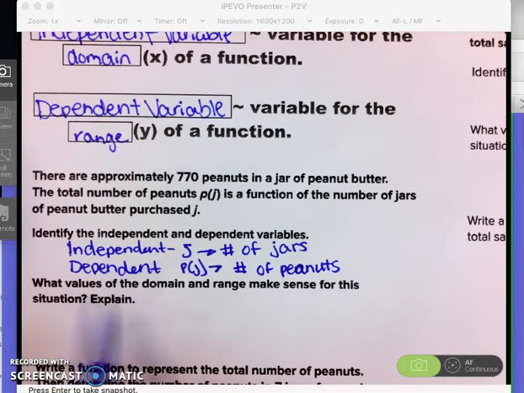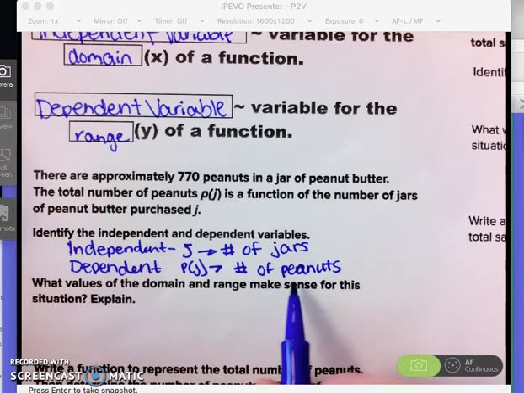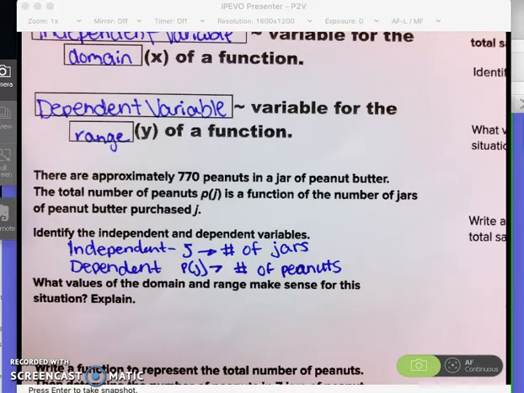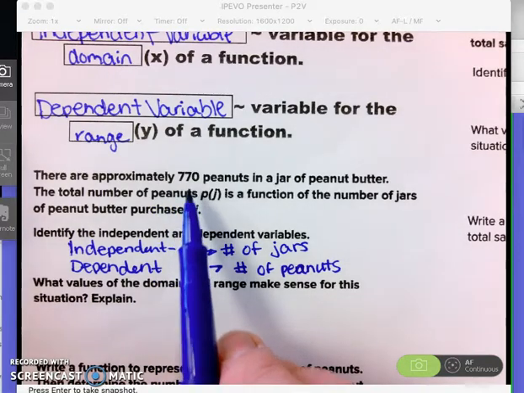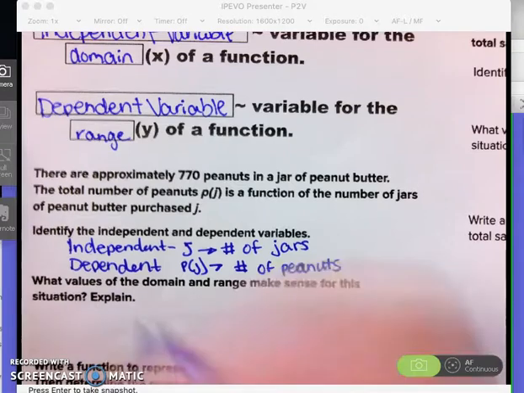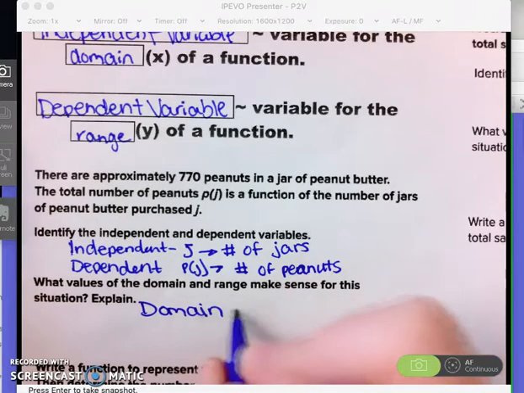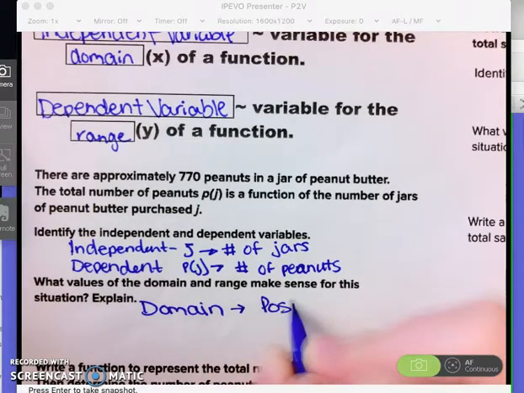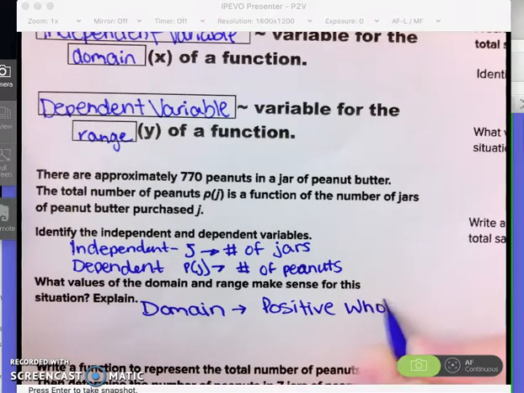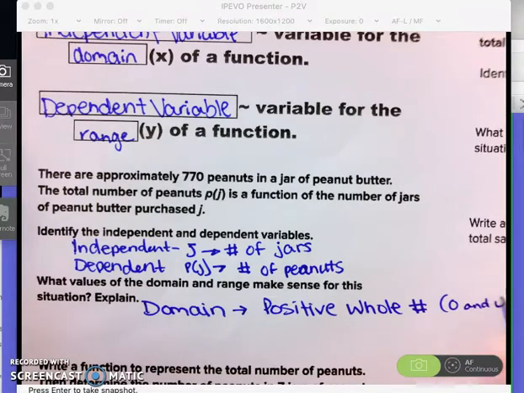Okay, so what values of the domain and range make sense for this situation? So if you're talking about the number of jars, you're not going to put in like negative numbers. So the domain is going to be positive whole numbers, 0 and up.